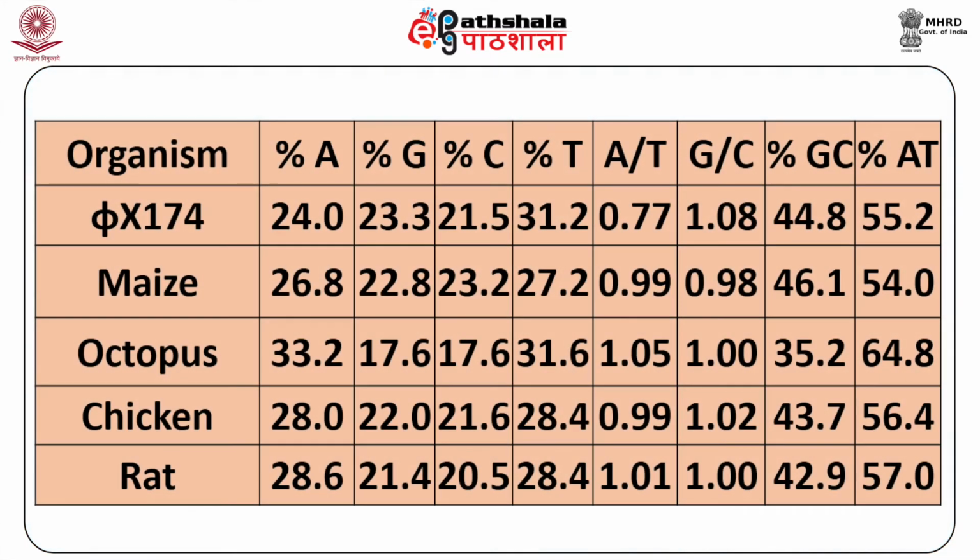The data shown in the table is basically what Chargaff saw. The second column shows %A, the third column shows %G, %C, %T. Our A to T ratio comes out to be nearly 1 in various organisms, while our G to C ratio also comes out to be nearly 1 in most of the organisms.